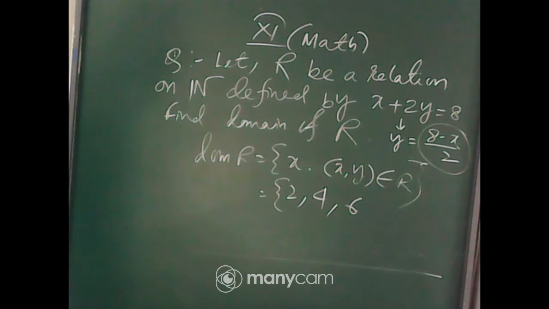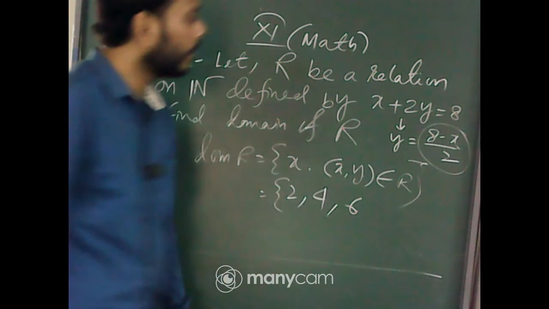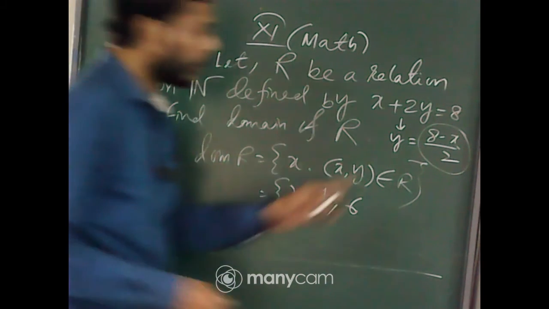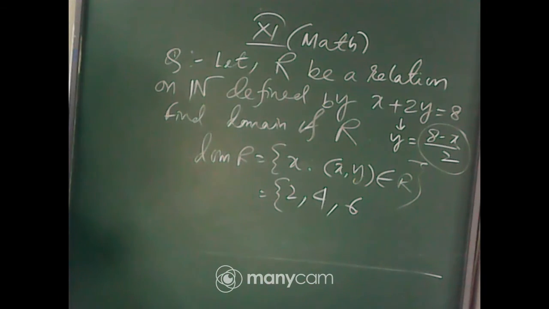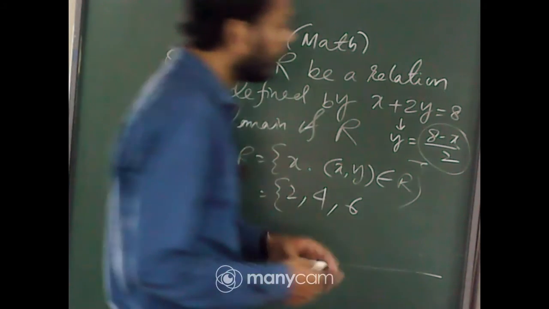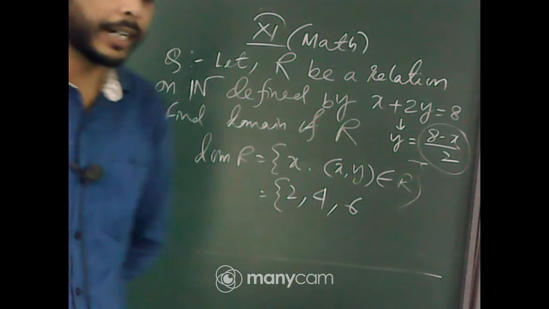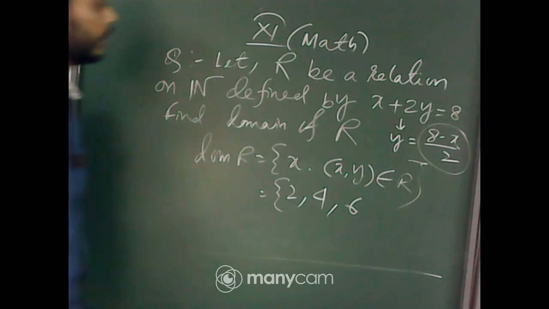Now whenever you put 7, that will give you 8 minus 7, that is 1 by 2, not a natural number. Whenever you put 8, that is 8 minus 8, 0, not a natural number. Now whenever you put more than 8, it will always give a negative number, negative rational numbers.